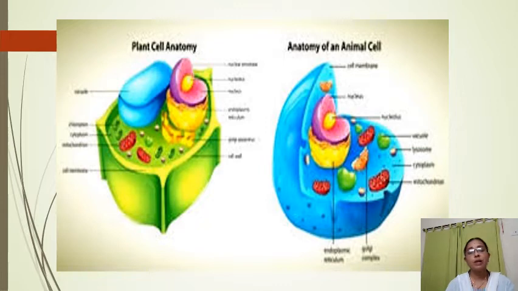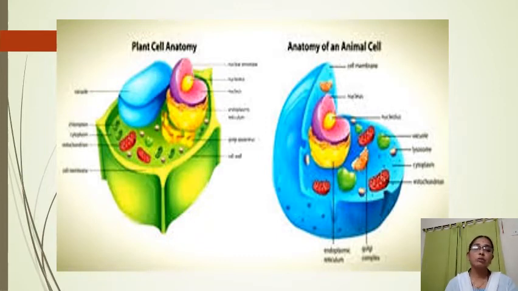The plant cell also has some plastids, that is called chloroplast or chlorophyll. That is a pigment which gives color to the plant, and it helps in preparing their food. It helps in capturing sunlight and converting water and carbon dioxide into energy, into carbohydrates.